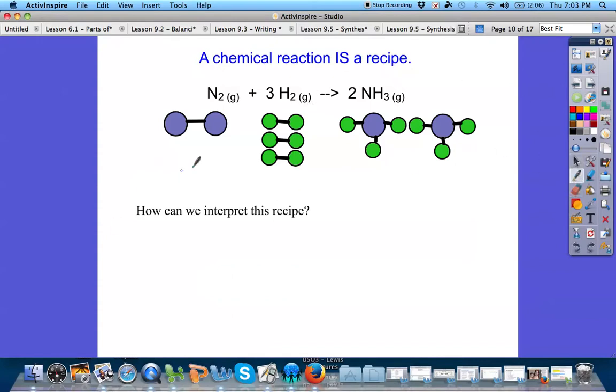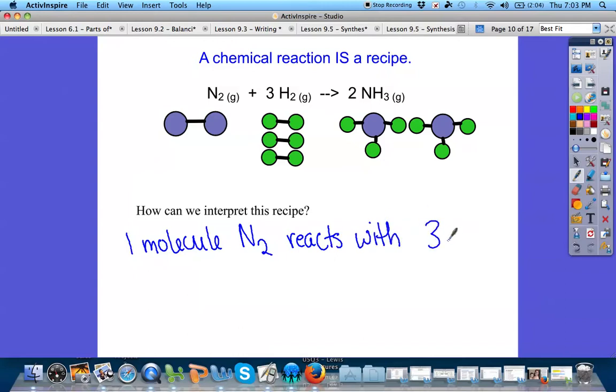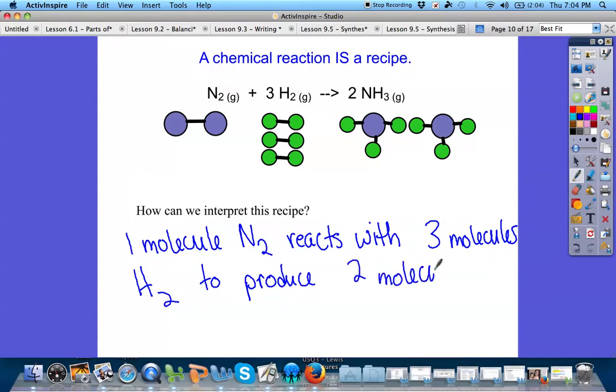In order to interpret this recipe, we're going to say that there is 1 molecule of nitrogen reacting with 3 molecules of hydrogen to produce 2 molecules of NH3, which is ammonia.